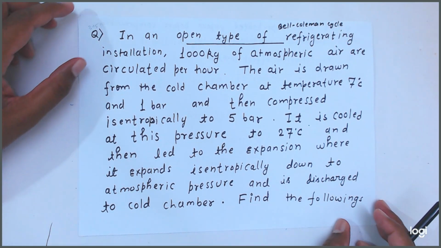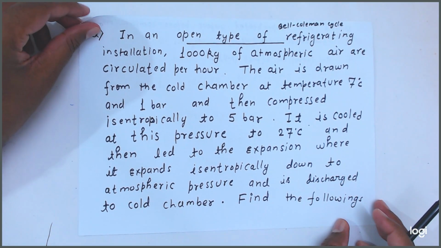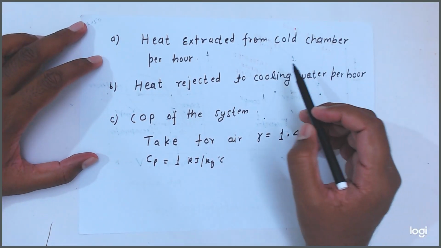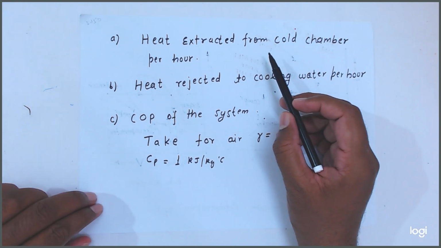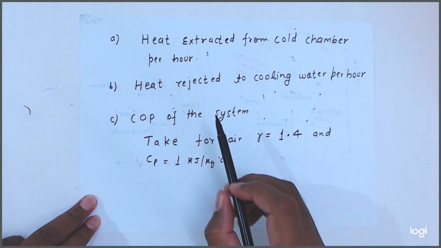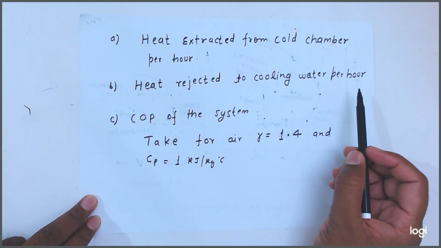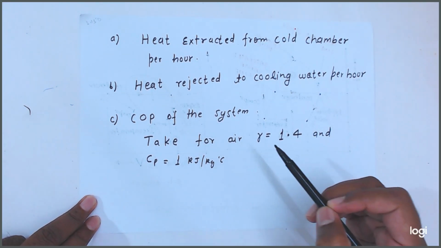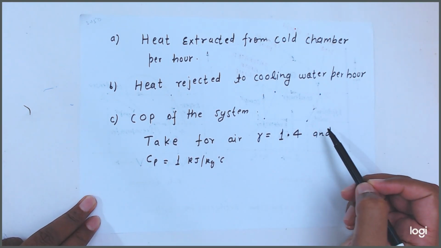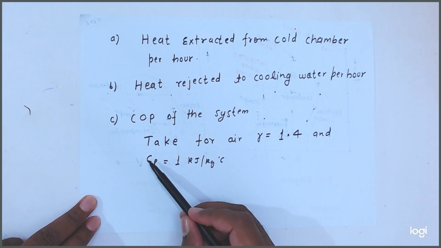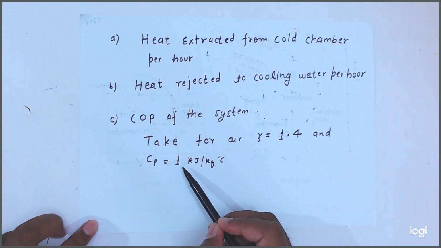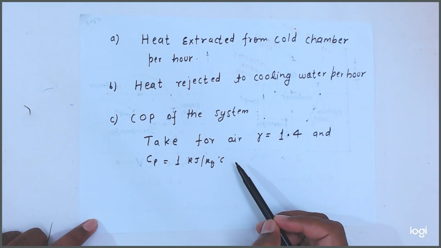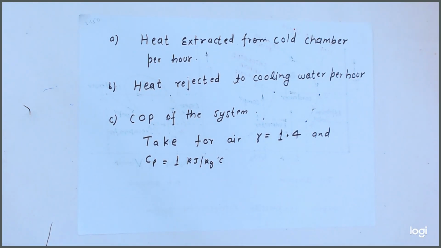Find the following: first, heat extracted from the cold chamber per hour; heat rejected to cooling water per hour; COP of the system. Take for air gamma equal to 1.4 and specific heat at constant pressure equal to 1 kilojoule per kg degree centigrade. Getting friends? So this is the question.